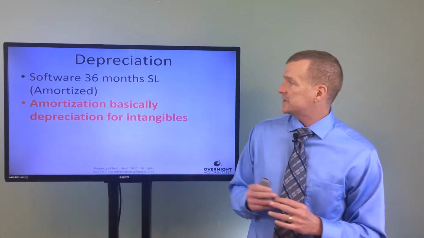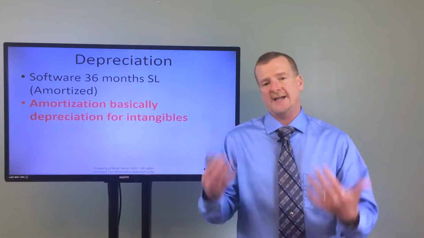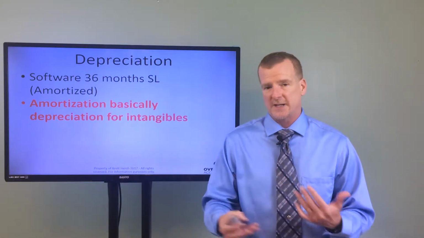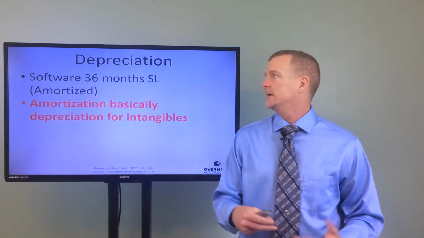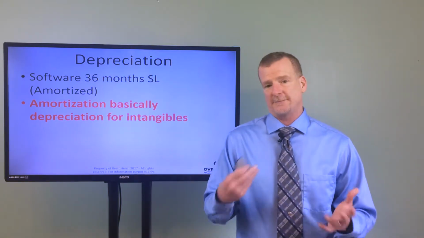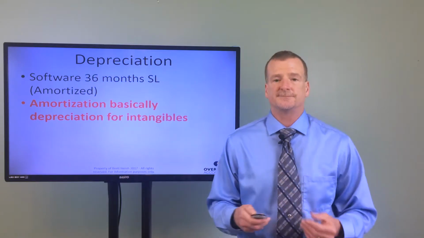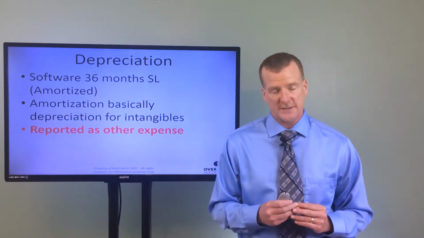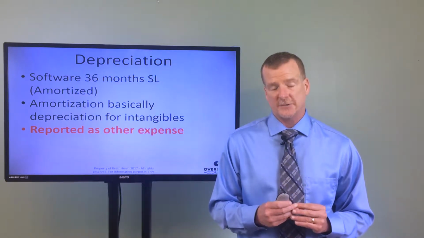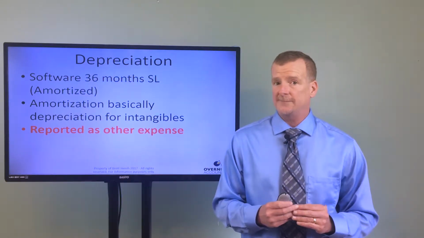Okay. Amortization is basically depreciation for intangibles. Software, you could argue whether it is or not, but my personal opinion is when software first came out, the IRS didn't know what to do with it, so they considered it an intangible at first, and they forced you to amortize it. Amortization is reported as an other expense on your tax return, so it doesn't really show up in depreciation.